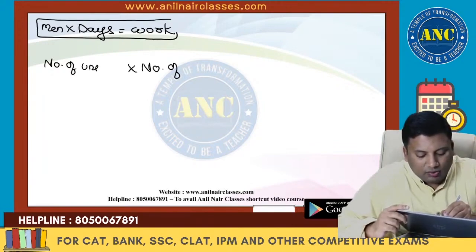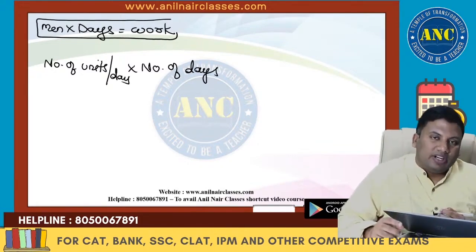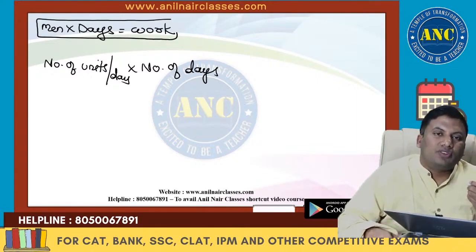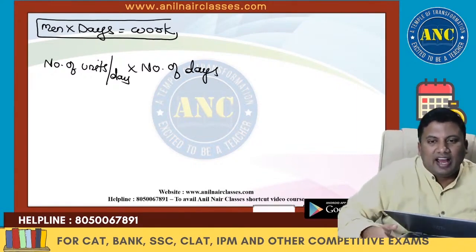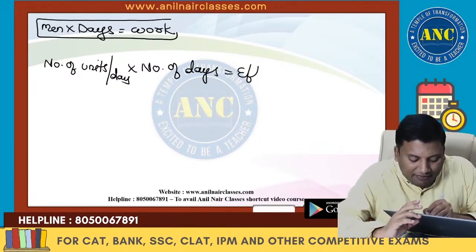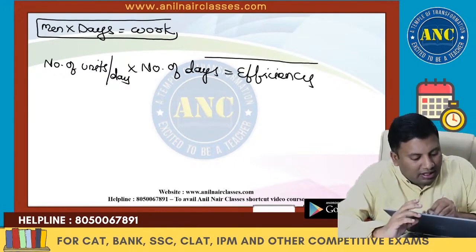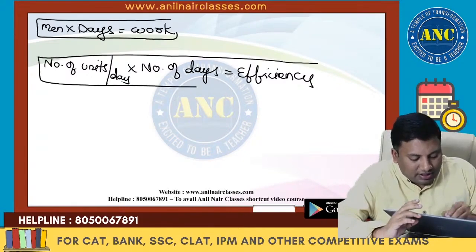Every day he will do some units of work. I can type close to 60 pages every day, and I will do it for 8 days. This is nothing but the efficiency of a person.